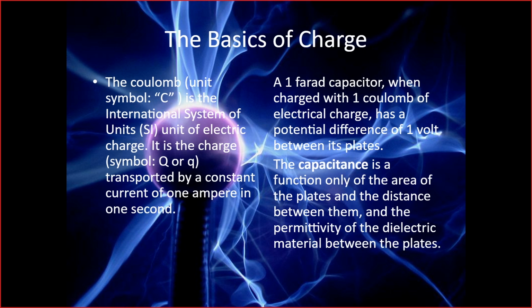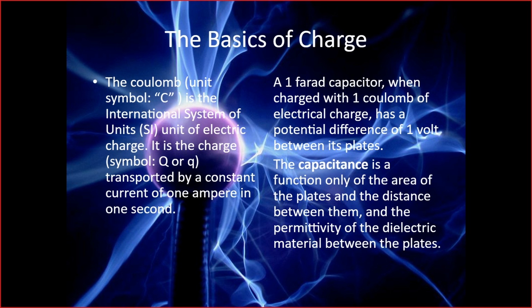The C unit, or your idea of a Coulomb, is basically the charge, symbol Q. I don't know why they chose Q, to be perfectly honest, but that Q is basically how much charge there is as a total number, sort of like how much something weighs.